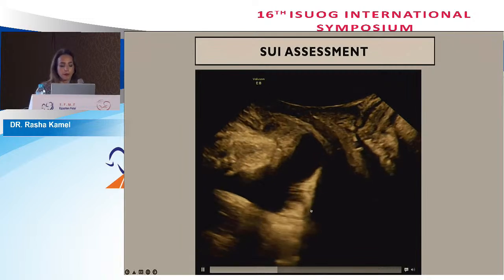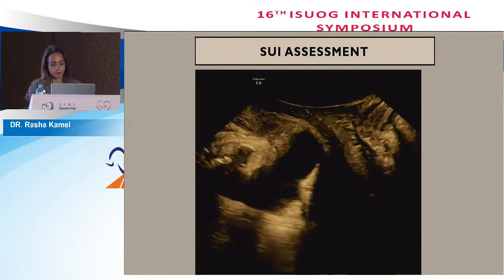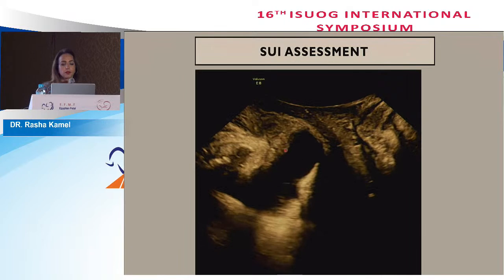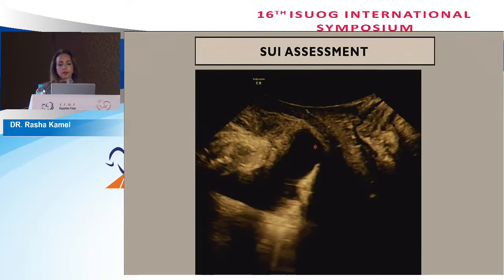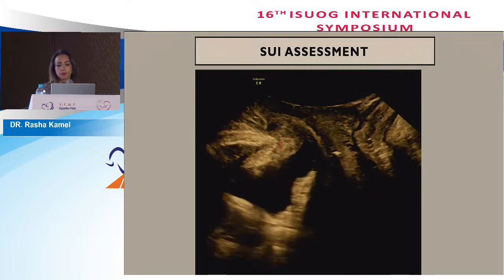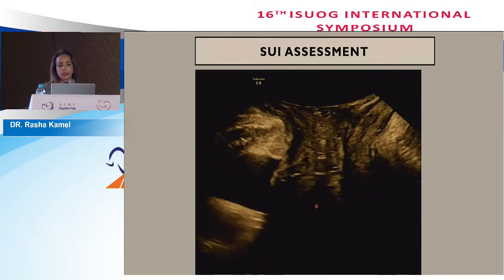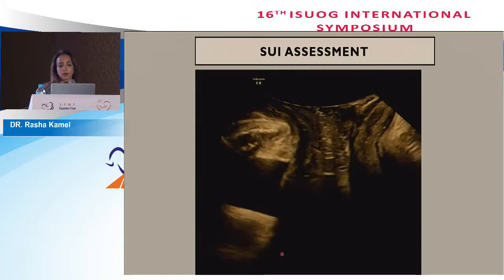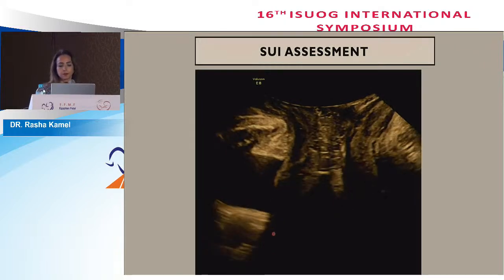You can see the hallmarks of stress urinary incontinence.